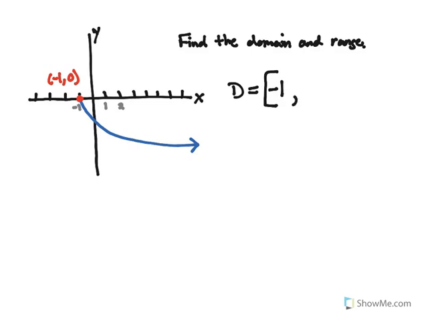And then you notice the graph goes into the positive infinity direction. So it's -1, comma, positive infinity. And we always use parentheses around infinities.